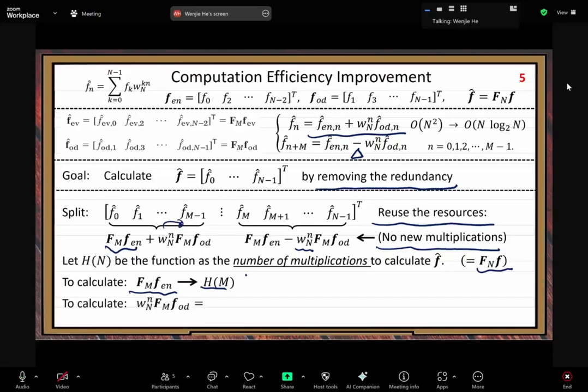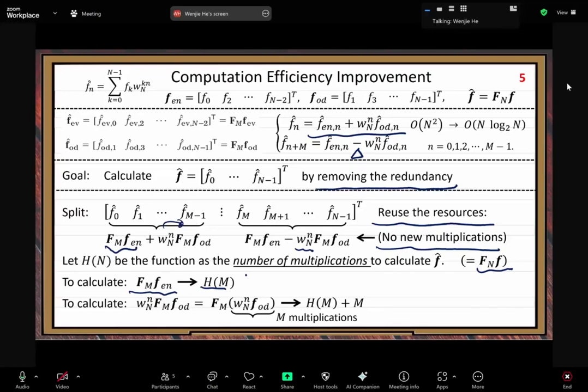So the number of multiplications we need is capital H of m. Then to calculate the second vector, that's just capital M times that. How many multiplications? M multiplications inside, because each component we need to do a multiplication, plus we do another fast Fourier transform.